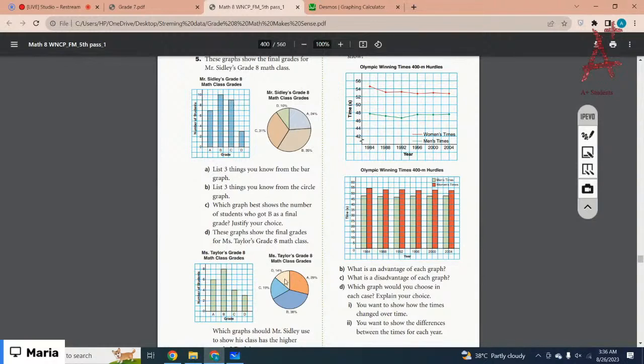You can see here A is 29% and here A is just 24%, right? Then B is 38% and B is 35%. So that means Mr. Taylor's graph is better than Mr. Sidley's, right? Okay.